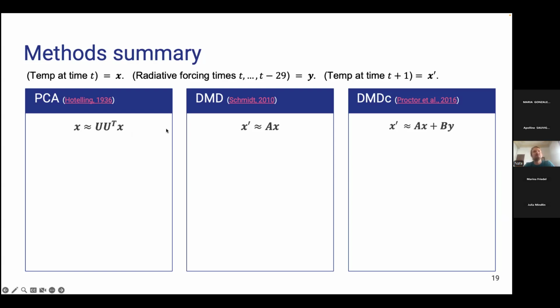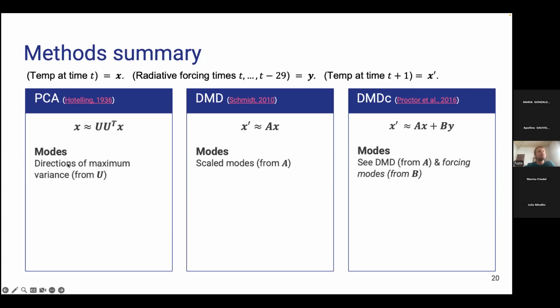But neither DMD nor PCA include the forcing information. So we include B here to include the forcing information. Now we say the temperature at time t plus 1 is a linear function of the temperature at time t plus the radiative forcing in the last 30 years.